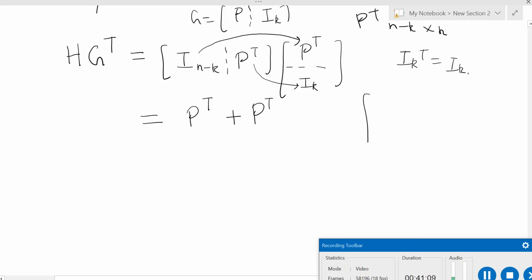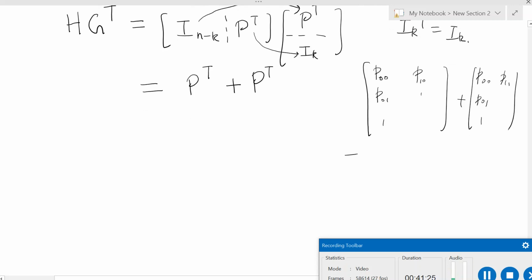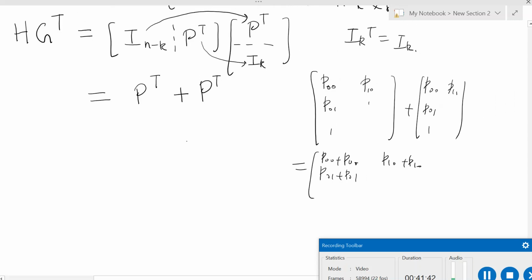Suppose this is P00, P01, and so on, added with P00, P01, P10, and so on. So what will you get? P00 plus P00, P10 plus P10, P01 plus P01. You are adding the same bits. Suppose we have a bit P0.